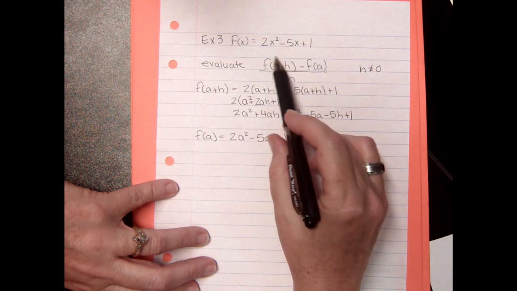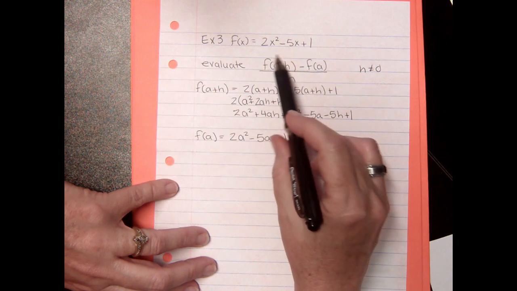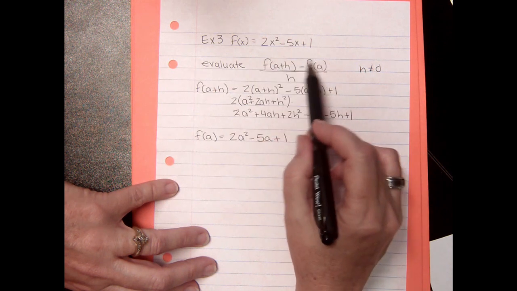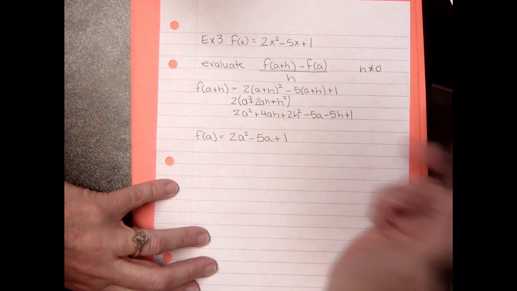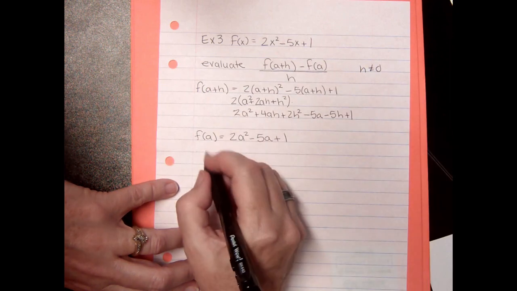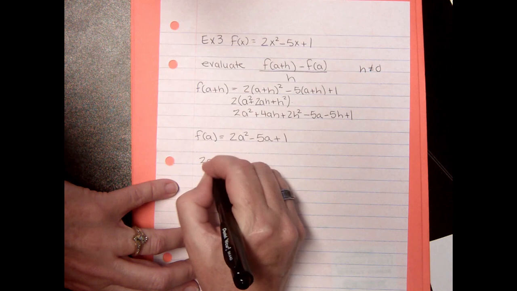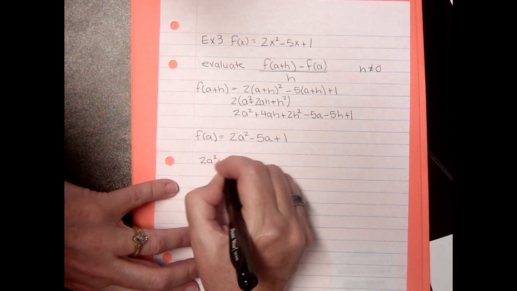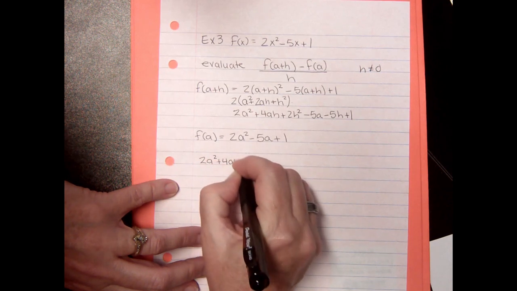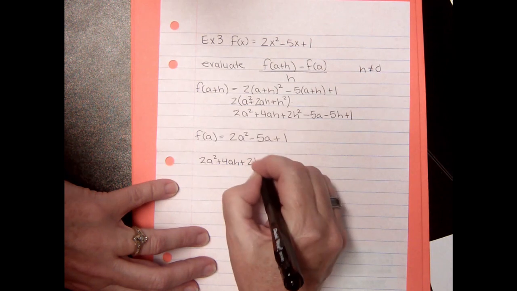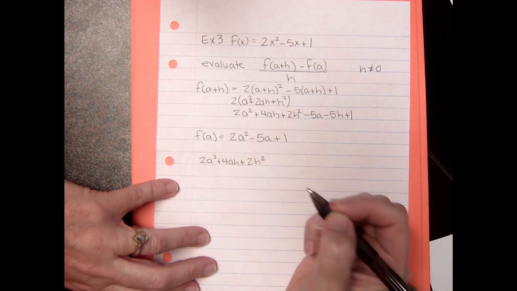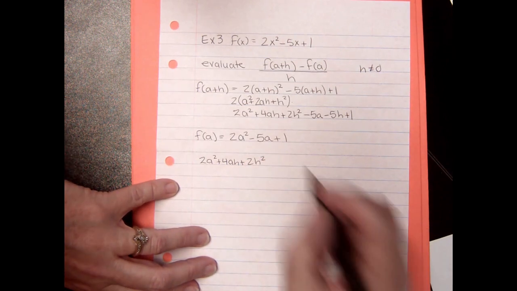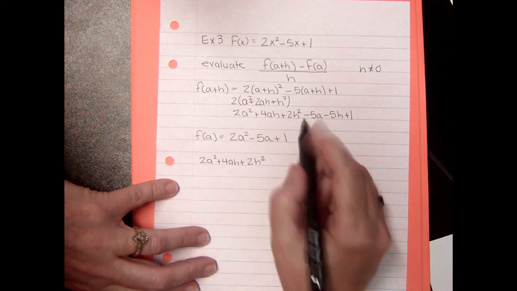I'm going to take the first part, the first one, minus the second one. So that would be 2a squared plus 4ah plus 2h squared. Notice I'm writing a little smaller because I know I'm going to have a long expression.